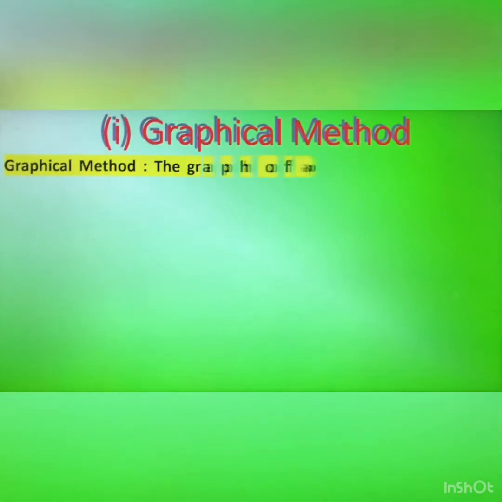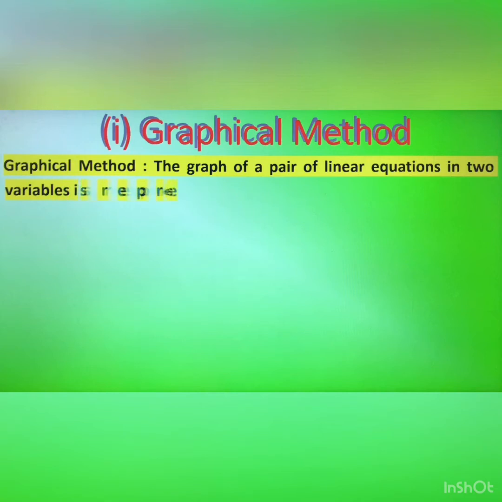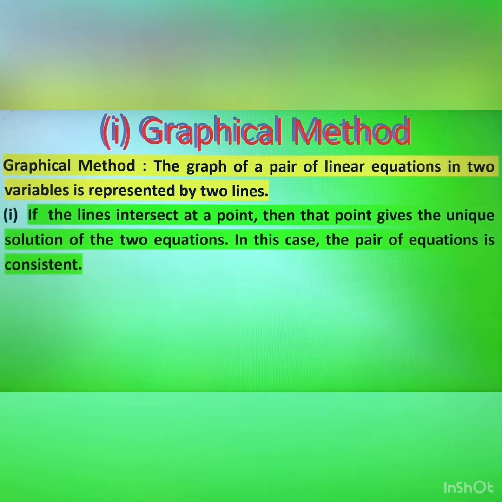The graph of a pair of linear equations in two variables is represented by two lines. Number one, if the lines intersect at a point, then that point gives the unique solution of the two equations. In this case, the pair of equations is consistent.